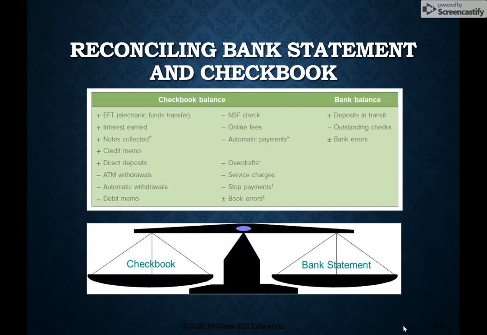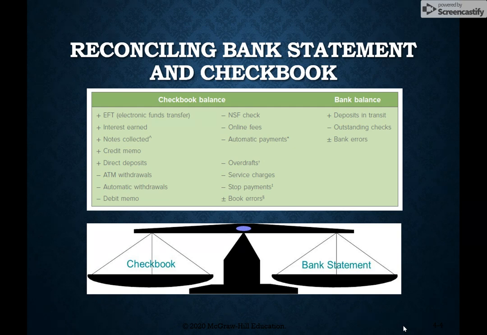So you add the deposit in transit to your bank balance, and you subtract the outstanding checks, because remember, the outstanding checks are checks that you have paid suppliers from your own checkbook account. This is your own recording. You wrote checks to suppliers or to customers, whatever it is, to pay out this money from your bank balance, but the bank has not received these checks. So when the bank receives these checks, they will reduce the amount of money you have in your account. That's why we subtract the outstanding checks.